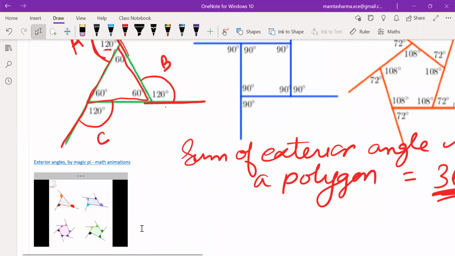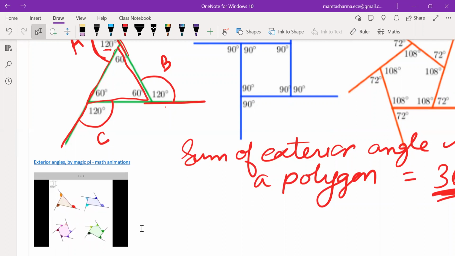See, all exterior angle sums will be 360. They have taken 4 types of polygon. Now they are stretching these polygons, and the polygon's shape will be reduced.